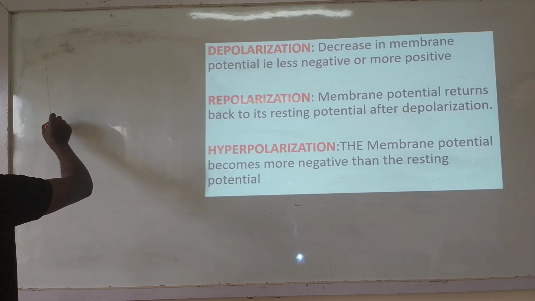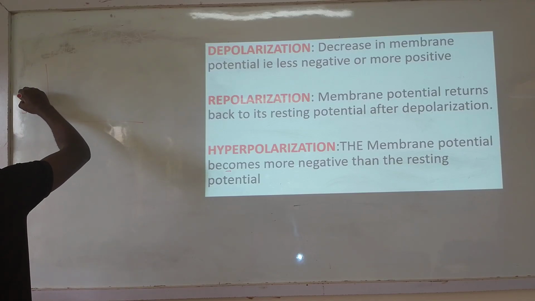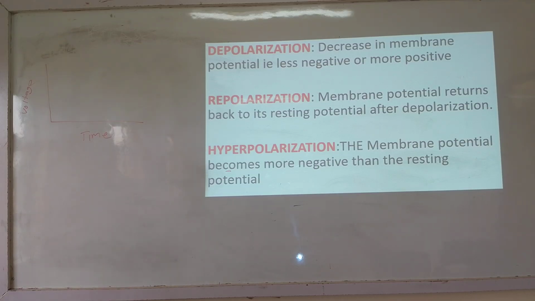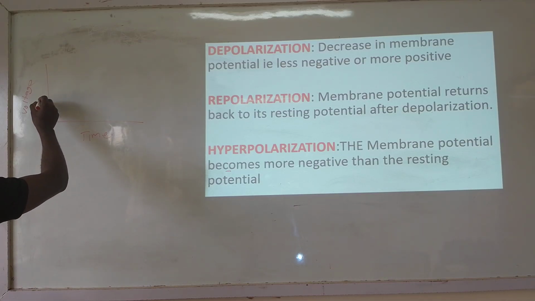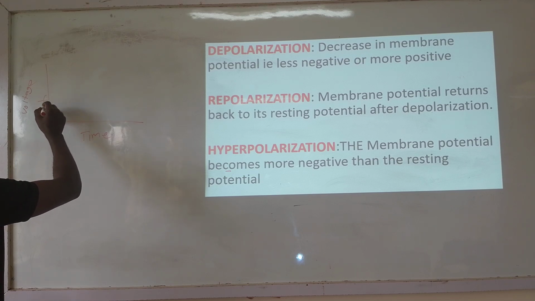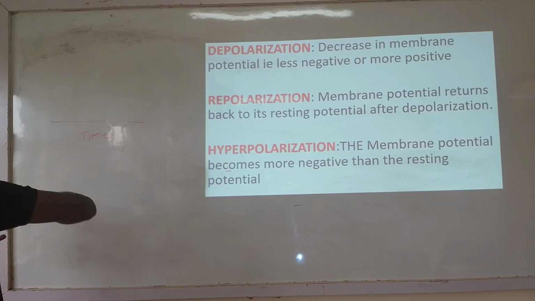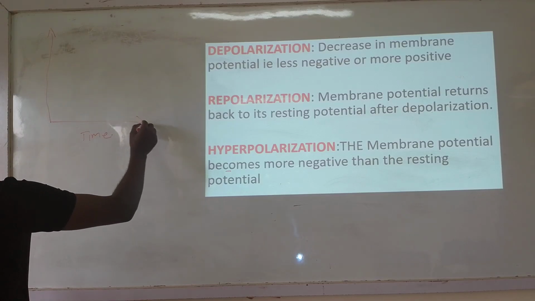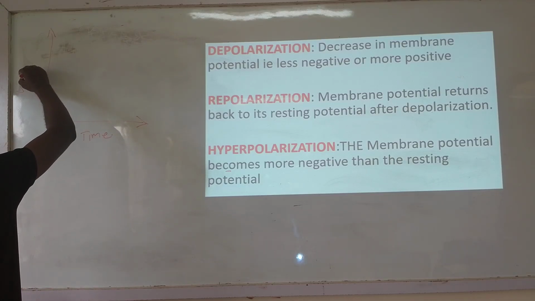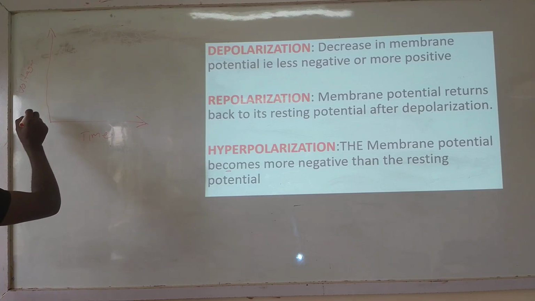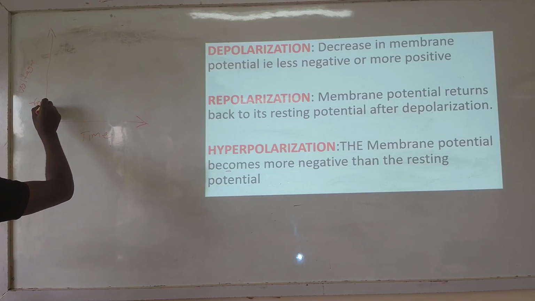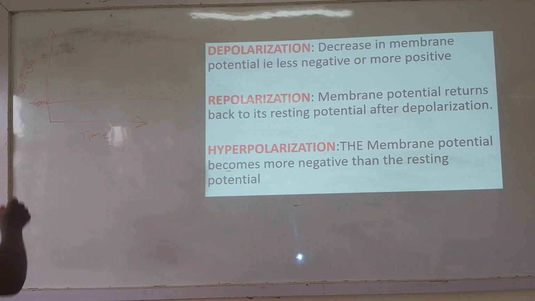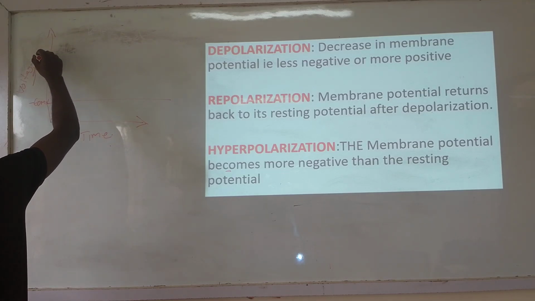If I plot a graph of voltage against time, and I have my cell here at negative 60 millivolts, when you go upward, you are moving towards positives.